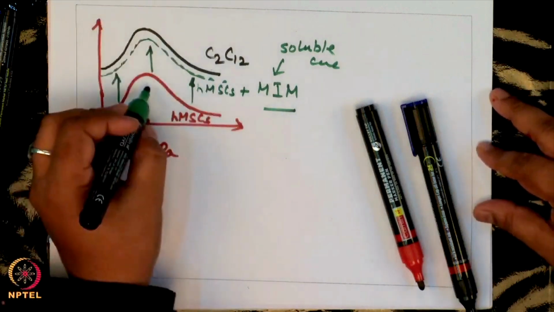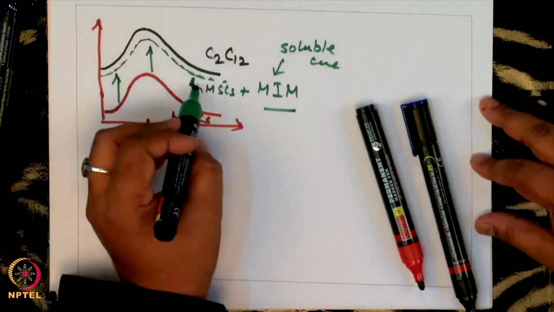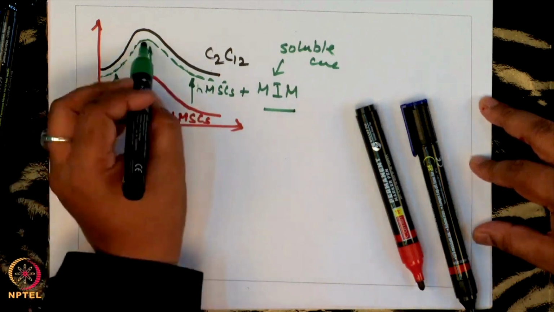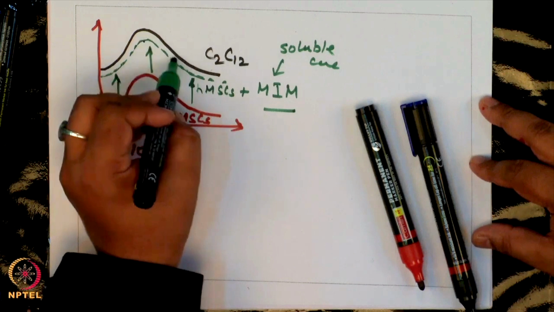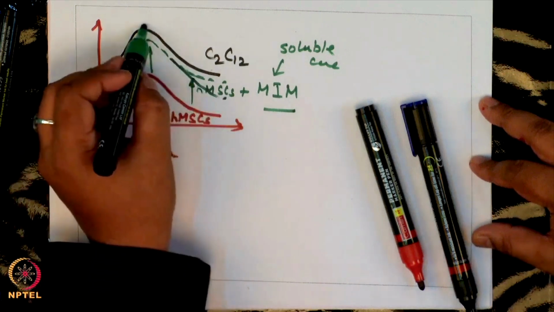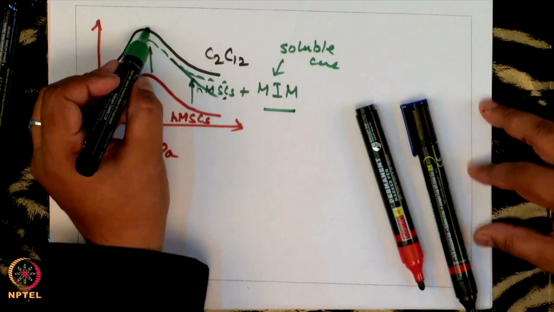Okay. The peak is the physical signal, and when you add muscle induction media together with the appropriate stiffness, what you see is on these surfaces your signal is very close to that of a C2C12 cell line. Okay.